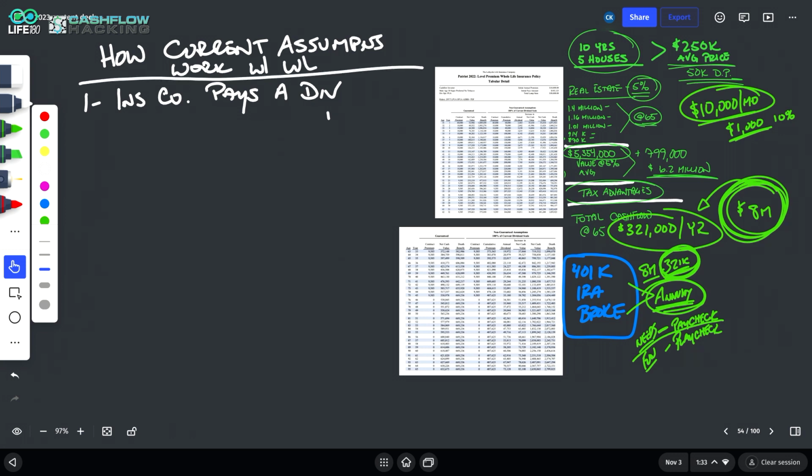Number one, you're assuming that the insurance company is going to pay a dividend, and number two, the dividend is at the current rate every year.